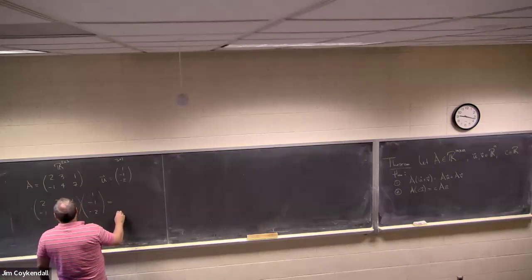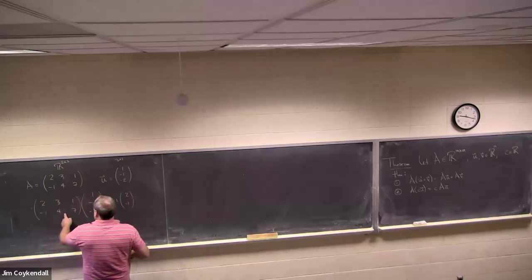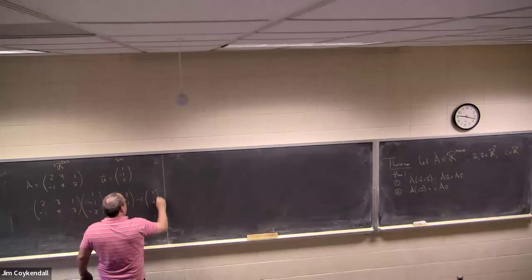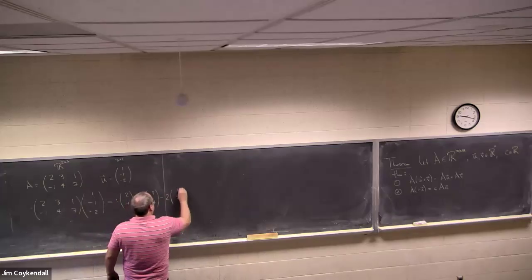This should be 1 times 2, minus 1 times 3, 4, and minus 2 times 1, 7.